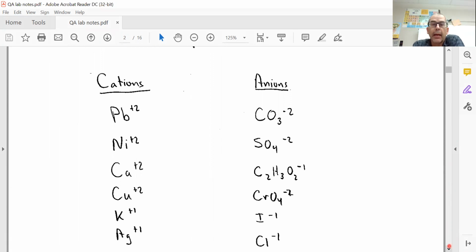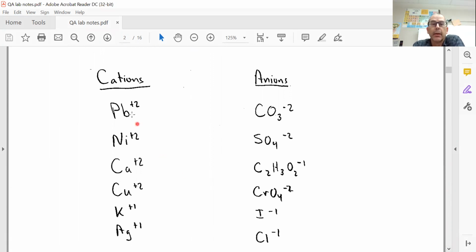Here are the possible cations: lead +2, nickel +2, calcium +2, copper +2, potassium +1, and silver +1. And then your anions: the carbonate ion, the sulfate ion, the acetate ion, the chromate ion, the iodide ion, and the chloride ion. So what could this compound be?